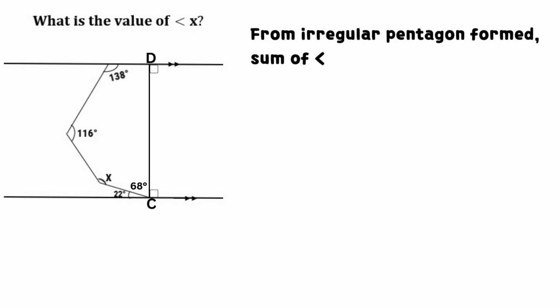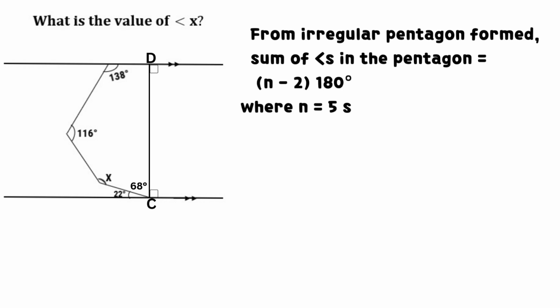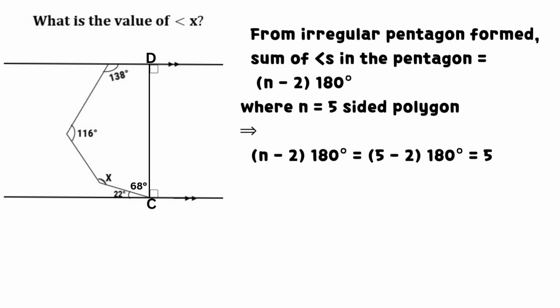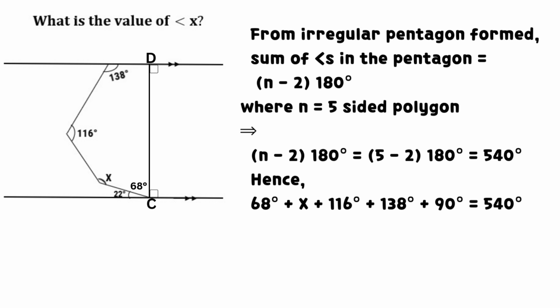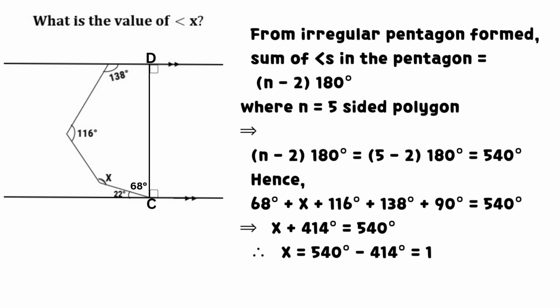From the irregular pentagon formed, the sum of angles in the pentagon equals n minus 2 multiplied by 180 degrees, where n equals 5-sided polygon. This implies that n minus 2 multiplied by 180 degrees equals 540 degrees.